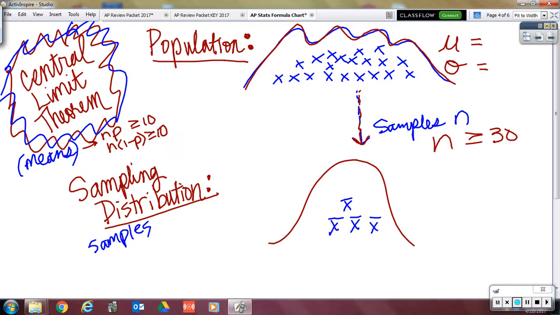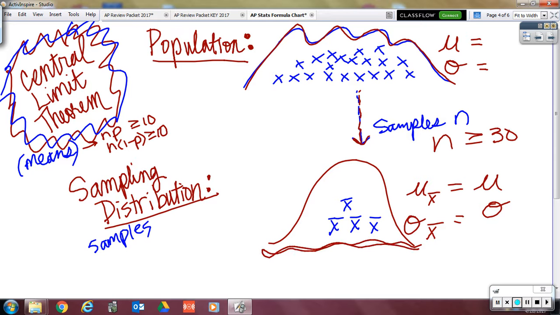Okay, good. And so this one has the mean of the sample means as the same thing as up there. Tell me about the standard deviation here. Compare this standard deviation to the population standard deviation.